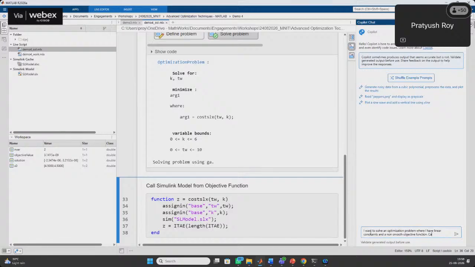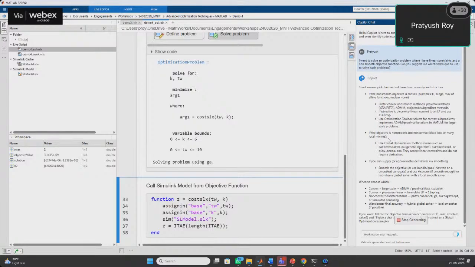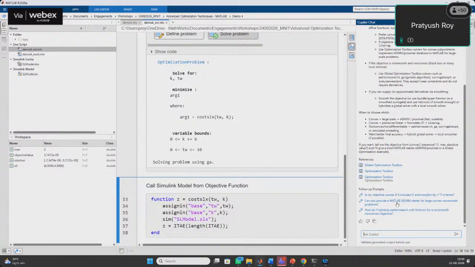Can you suggest which technique to use to solve such problems? It will think. Again, you need an internet connection to access MATLAB Copilot, but once you have that, it will think about it. It knows about the MATLAB documentation, and it will generate the results for you.